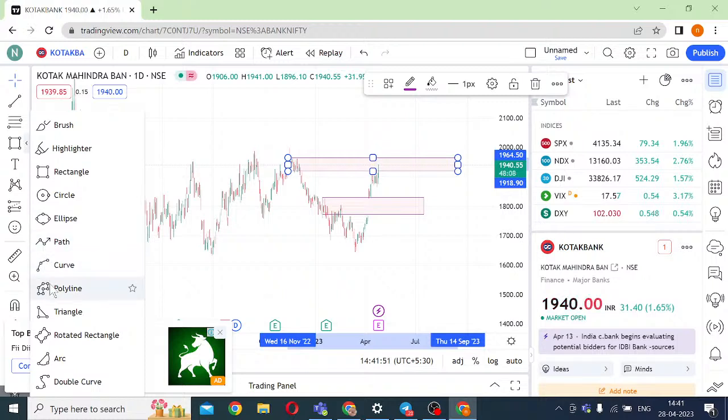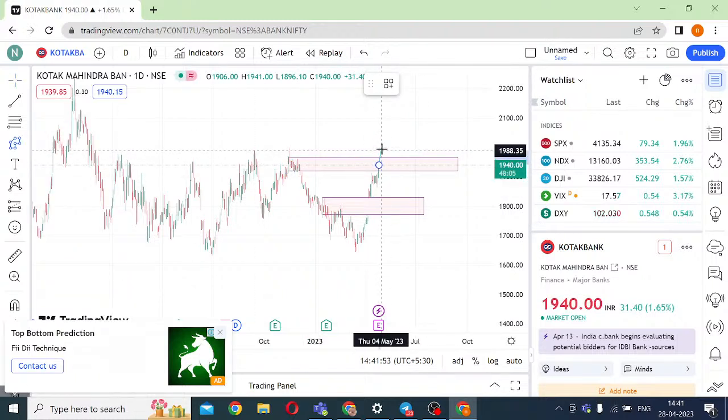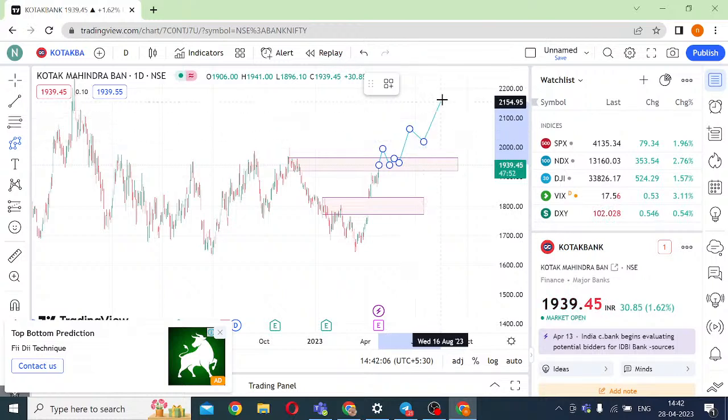Post result, if it opens up and then starts consolidating here in a narrow range, you can take it. My targets on Kotak are 2015, this 2050 levels, right? And the next target could be somewhere where it could hit the all-time highs. The rebalancing is pegged for 15th May, if I'm not mistaken.